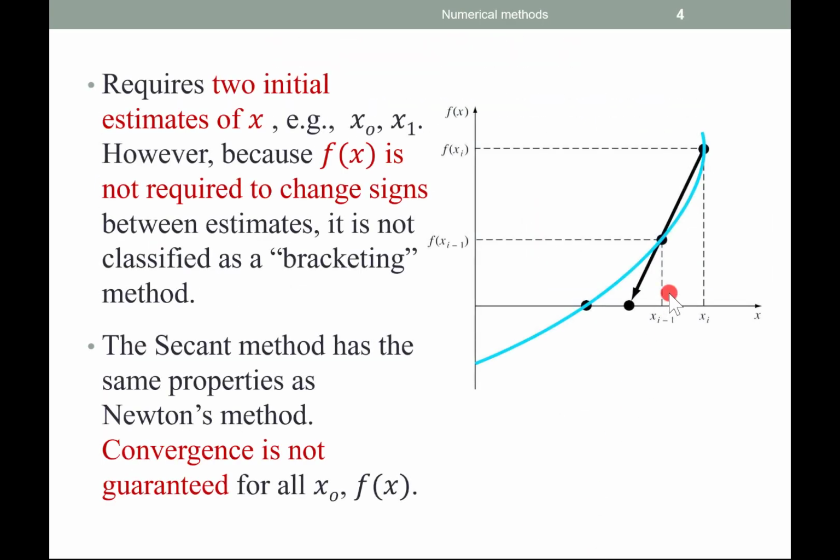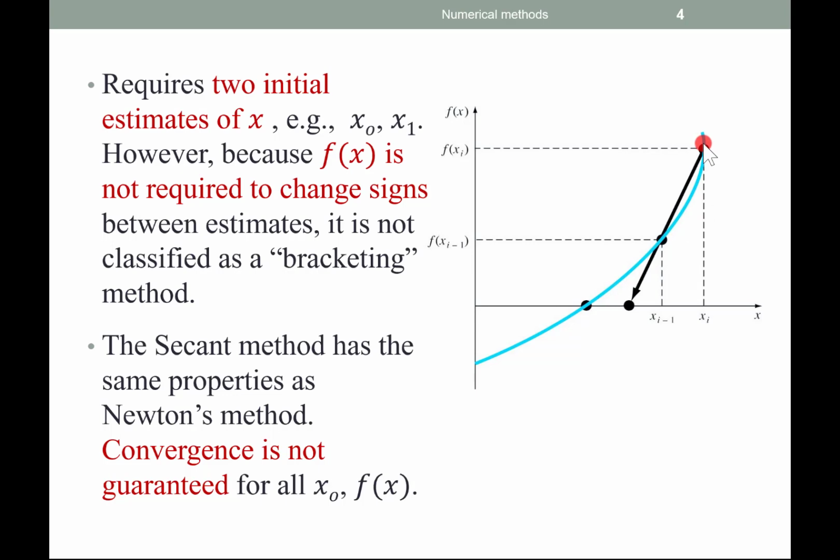So again, the secant method is an open method. So we don't necessarily have to bracket the root in our first 2 points, xi and xi minus 1. They don't need to bracket the root. The whole point of having 2 points is to find the derivative. It's not to bracket the root. So that's an example here.